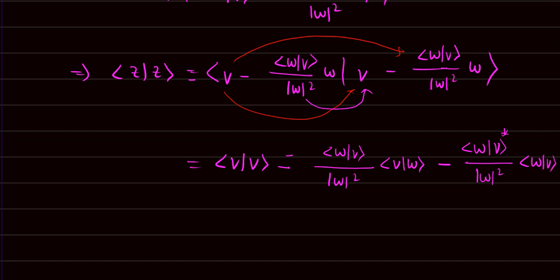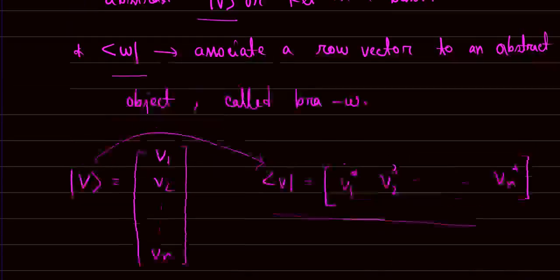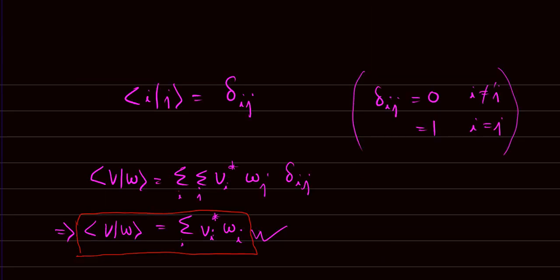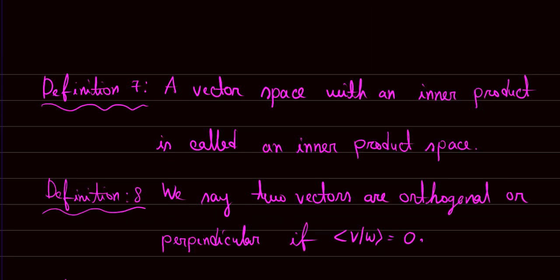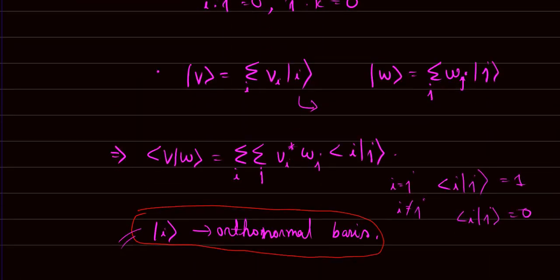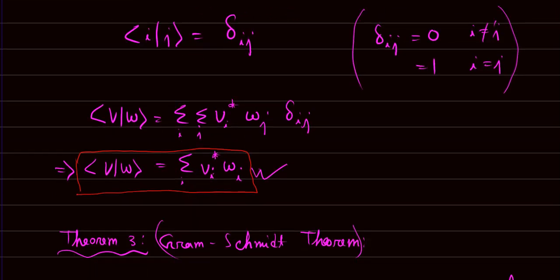If you're wondering how we get this, we are getting this from here. If you see, the components of the first vector will be complex conjugated.